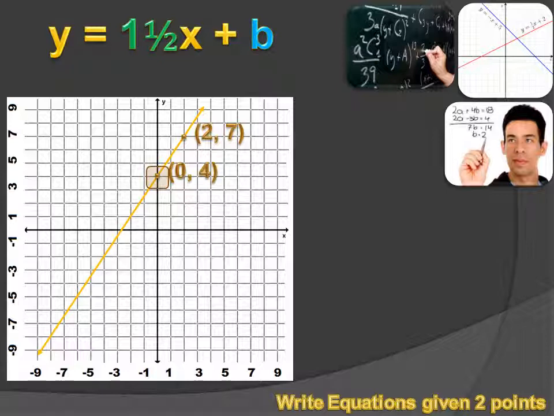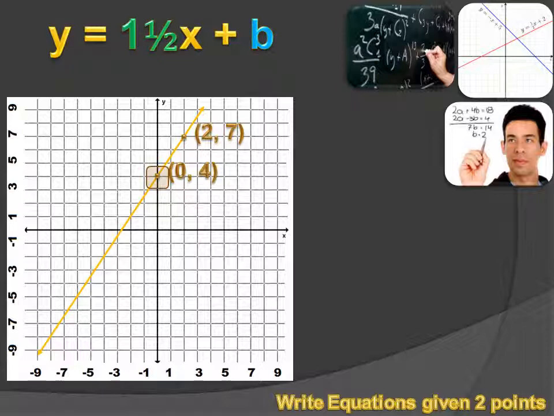So even if we hadn't graphed this equation, we could figure out what the y-intercept was if one of the points they gave us had an x value of 0. Because at the y-intercept, the x value is always 0. If I had a line that included a point 0, 13, then the y-intercept would have to be 13.